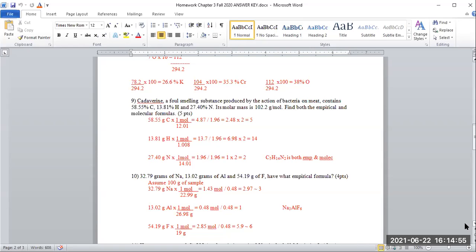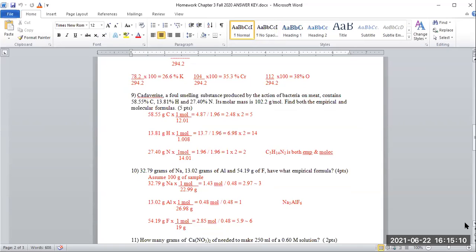This will give you an empirical formula of C5H14N2. If you compare that to the quoted molar mass of 102.2, you will find out that they match within a tenth or so. So my empirical and my molecular are identical.